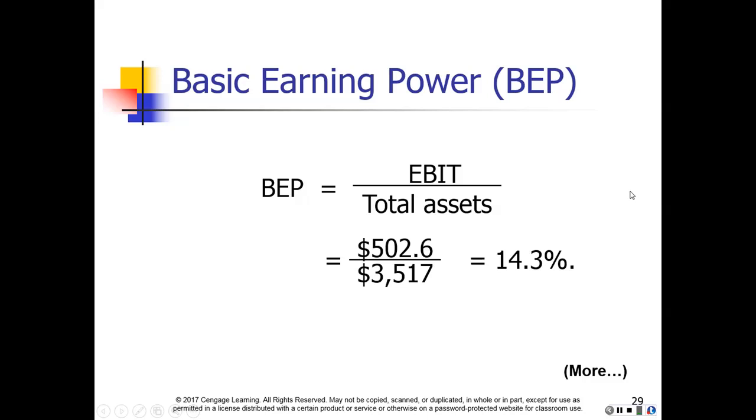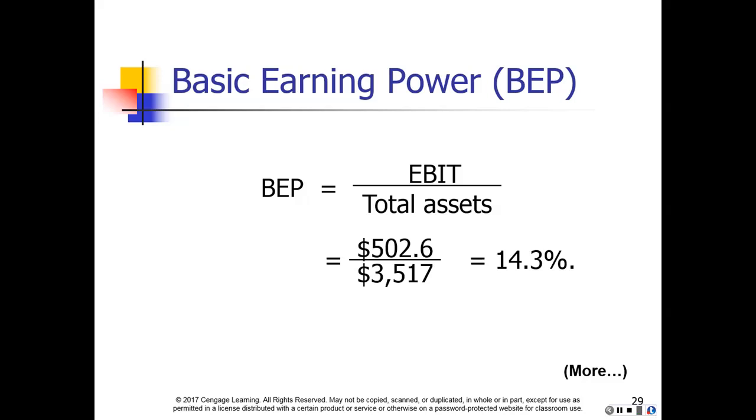Then basic earning power, right? And that's basically a reflection of how we're using our assets, right? A company uses assets to make money, to earn profits, and the company is using its assets, such as machines, factories, etc., to make products and services and sell them, right?